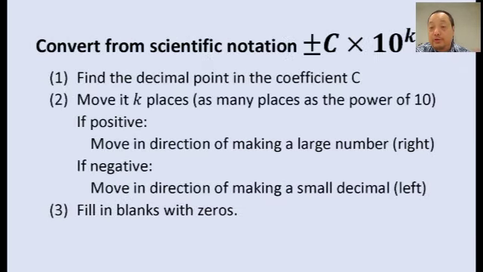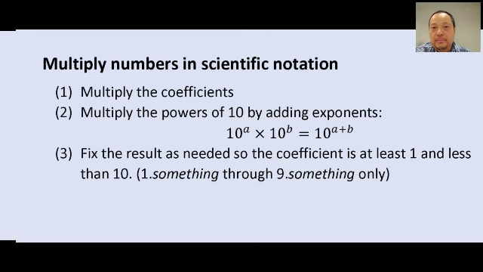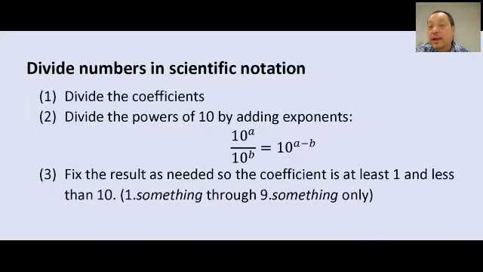And this is how you convert back from scientific notation to the usual decimal or long number. And this is how you multiply numbers in scientific notation. And this is how you divide numbers in scientific notation.